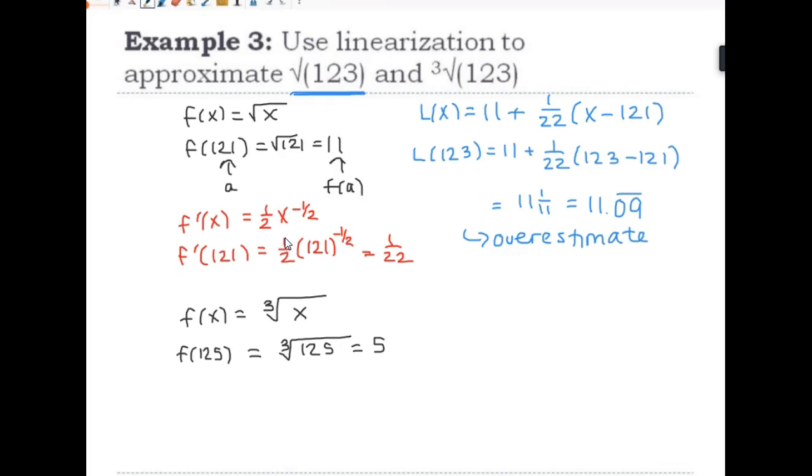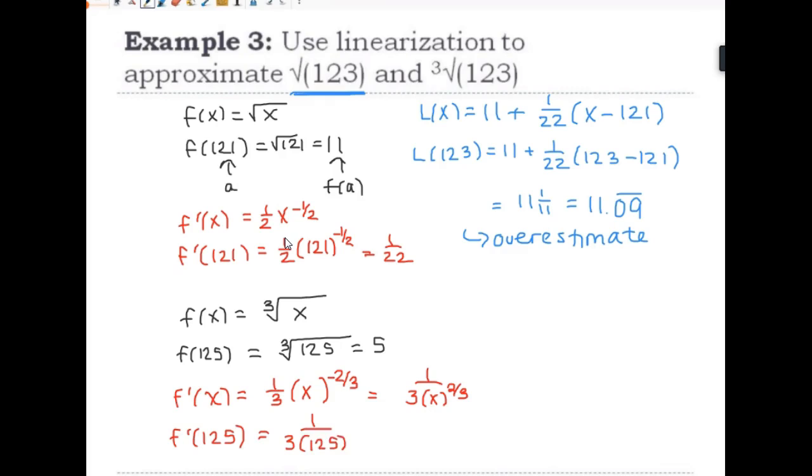So then you'd find your derivative of the cube root. So again, that'd be 1/3 x, and then 1/3 minus 1 is the negative 2/3. So f prime of 125 would be 1 over 3 times 125 to the 2/3. I'd take the cube root and then square it so that your numbers are easier to see.